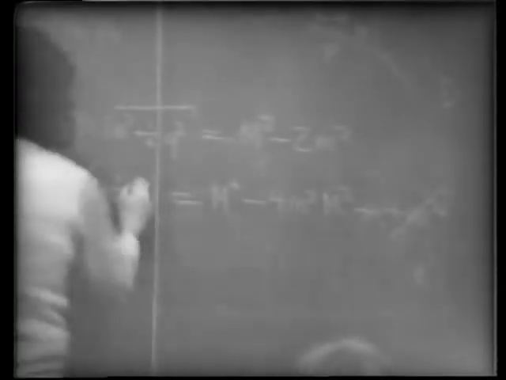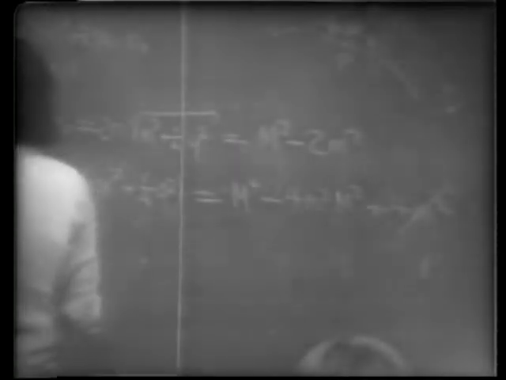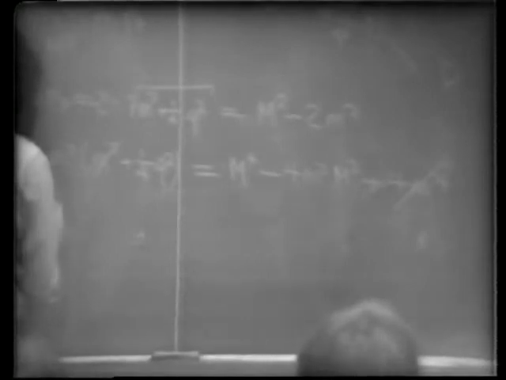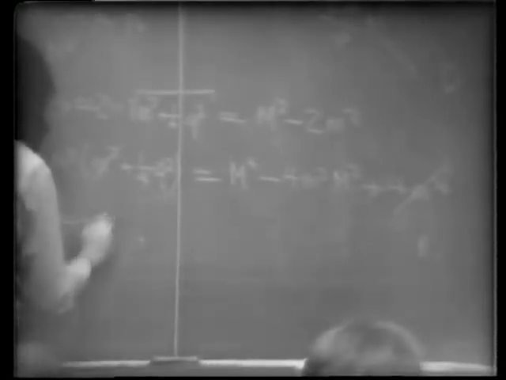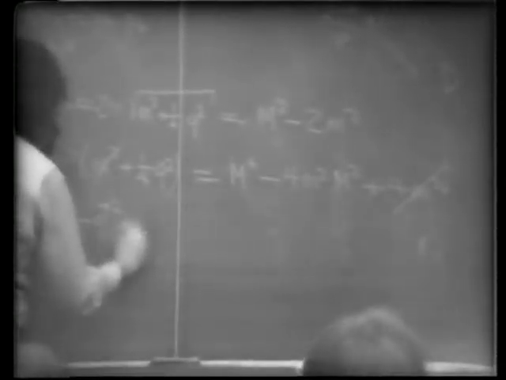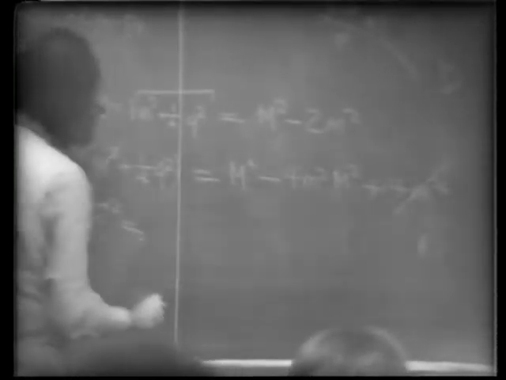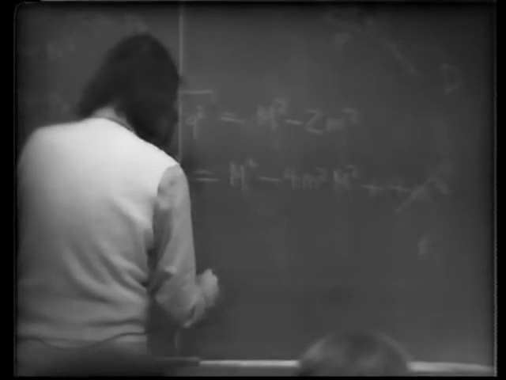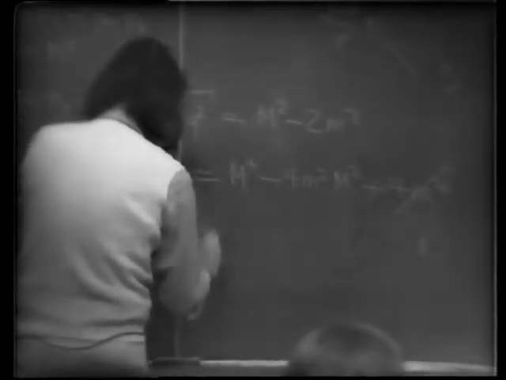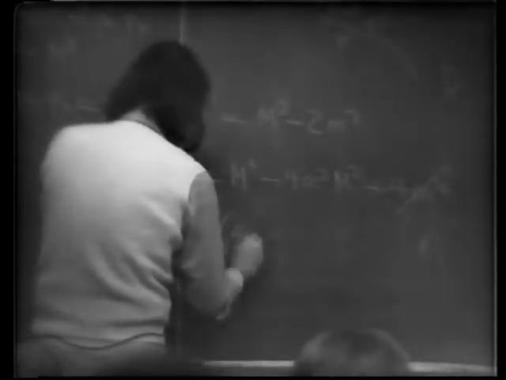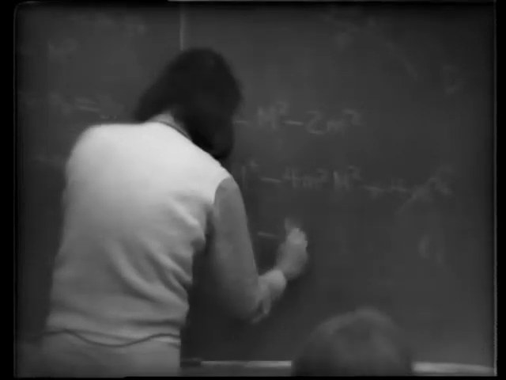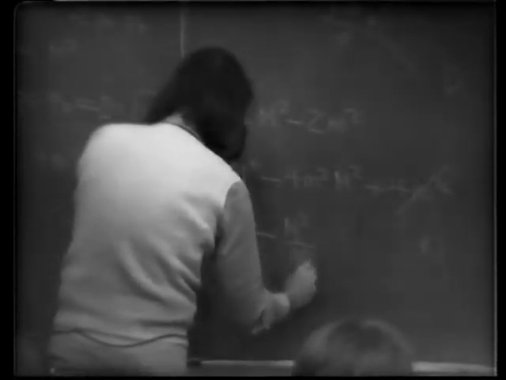This is q vector squared. And thus I find q squared, which is of course minus q vector squared, equals, the 4's cancel, there's a little m squared which I'll divide out, and a minus sign. So I get capital M squared as a common factor, times 4 minus M squared over little m squared.